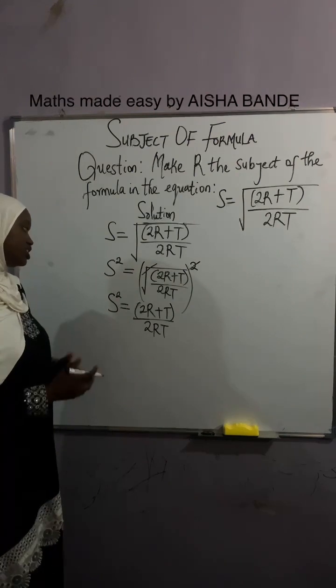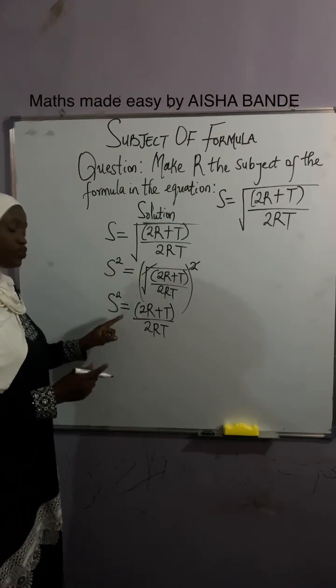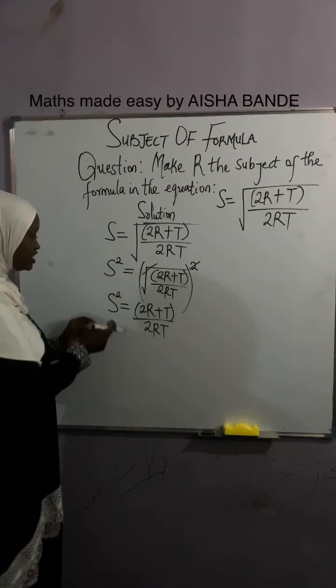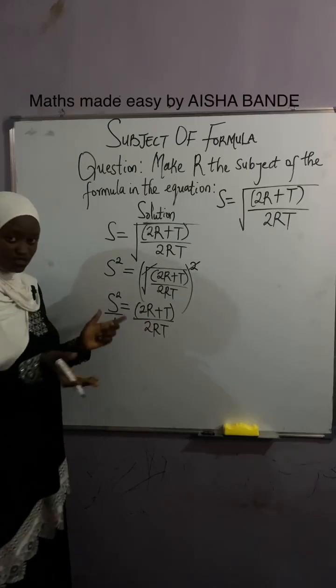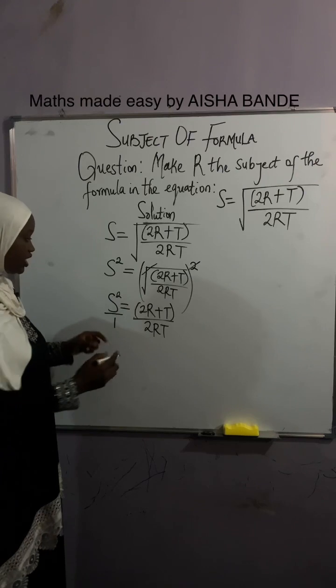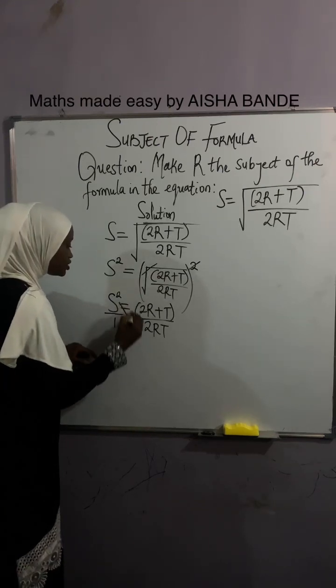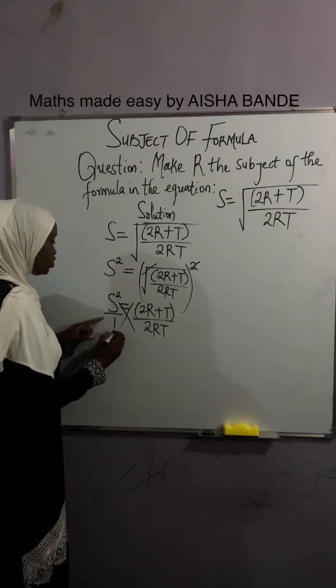So from this point, what we do is to cross multiply. This s square is the same thing as saying s square over 1, so as to simplify it, okay? So from here, we cross multiply.